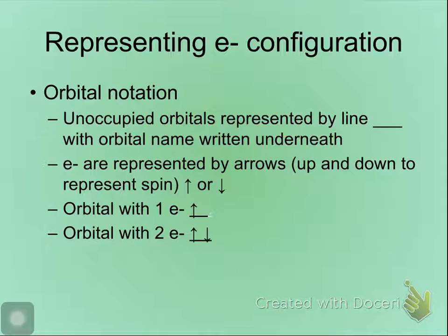So in orbital notation, we draw every single orbital, we write the orbital name underneath, and we put our little electrons on every orbital with up and down arrows. I usually do the half-headed arrow, but you don't have to. I just find that an easy motion to make. It's a single stroke. Easy, easy, because I'm lazy too.